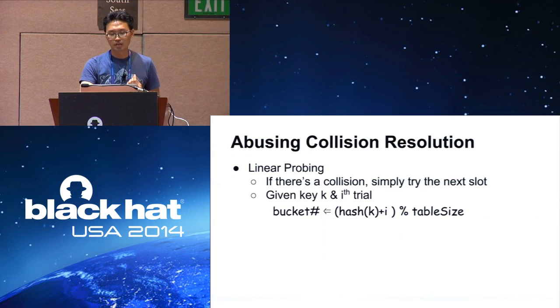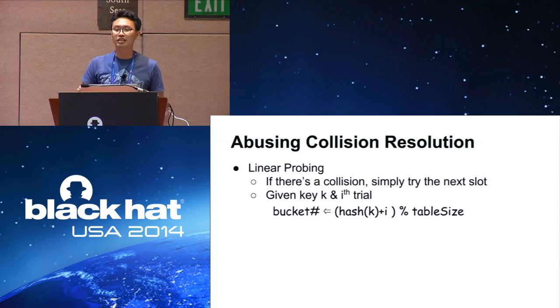To infer this, we need to understand how the hash function is working, and how the collision resolution is working. Because double hashing is a little bit complicated, let me take the example from linear probing. Linear probing, as I told you, is that when you are finding the next bucket, you simply do +1.